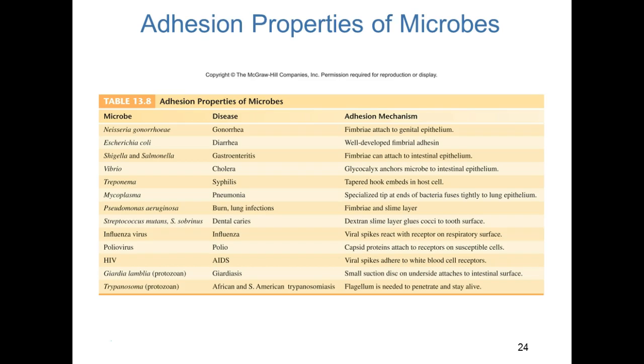Fimbriae are short, bristle-like structures, and Neisseria gonorrhea, for example, will produce these fimbriae that allow them to attach to not only the genital epithelium, but also to sperm, so they can hitch a ride up into the pelvis of the female and can cause pelvic inflammatory disease. And there are a number of other mechanisms that you can see here that allow organisms to attach to their host.